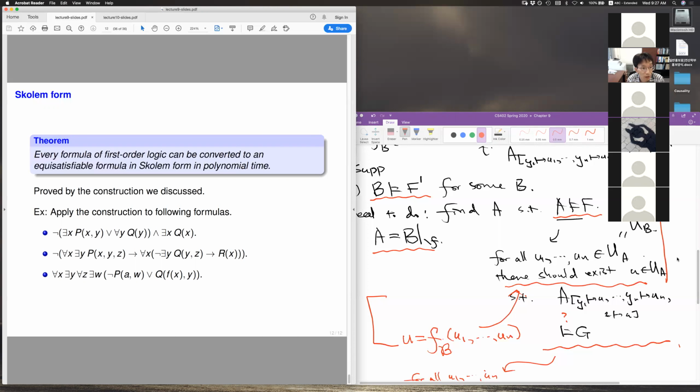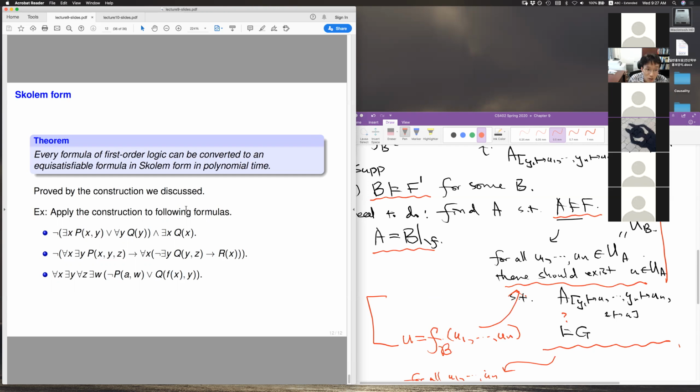We first convert a formula of first order logic into rectified prenex form, which preserves the meaning. In other words, it's an equivalent formula. But then we apply this Skolemization systematically to get rid of all the existential quantification in the prenex formula. That process will only preserve and reflect satisfiability. So we end up with an equisatisfiable formula.